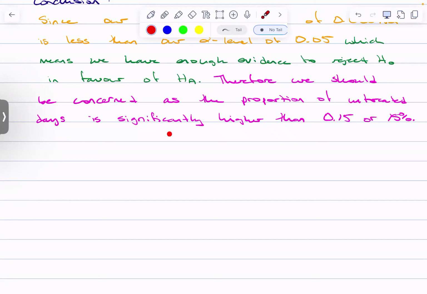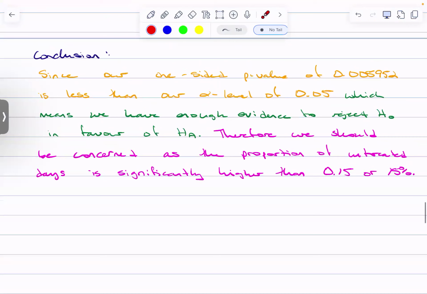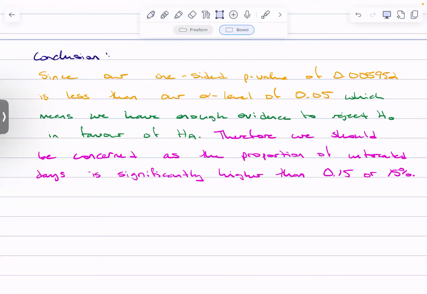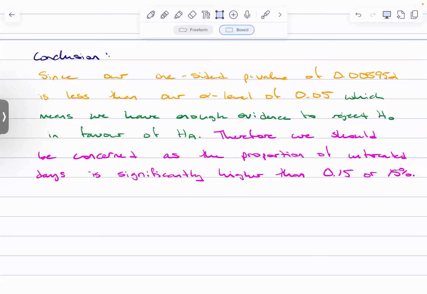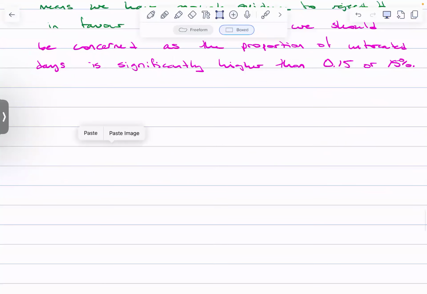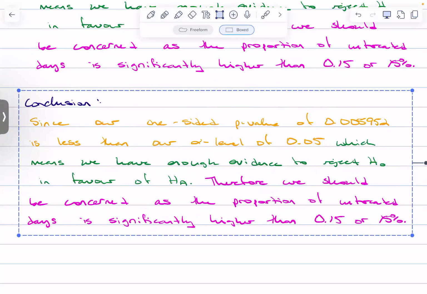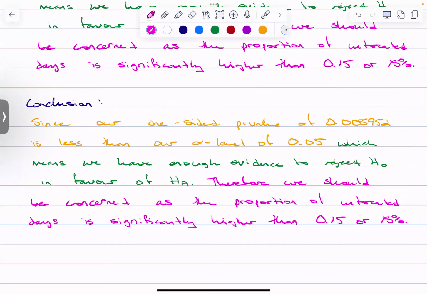Right? Let's say, just to see what this would look like, right? I'm going to copy and paste this entire thing. Assume the p-value was 0.156 instead.